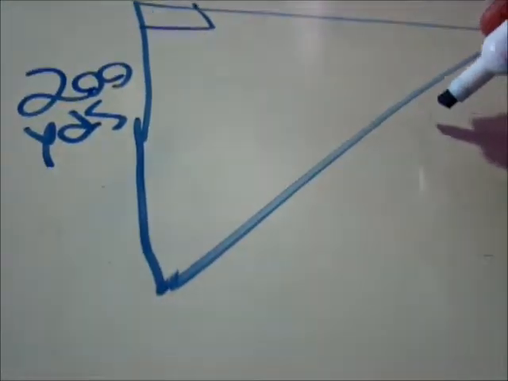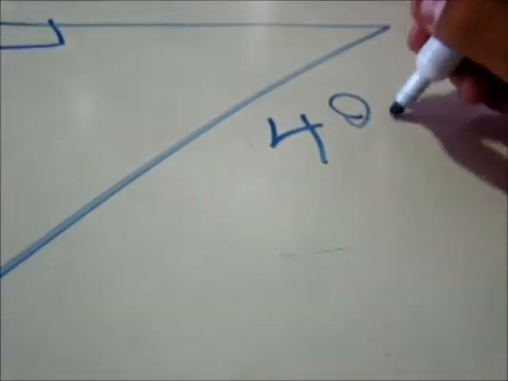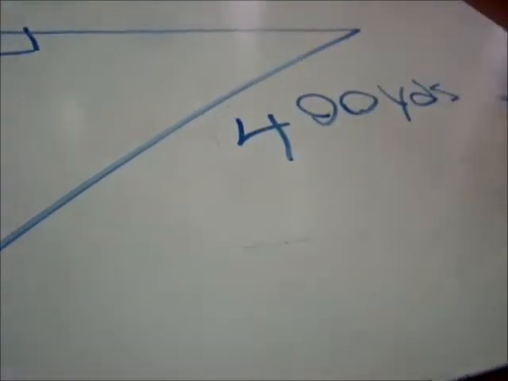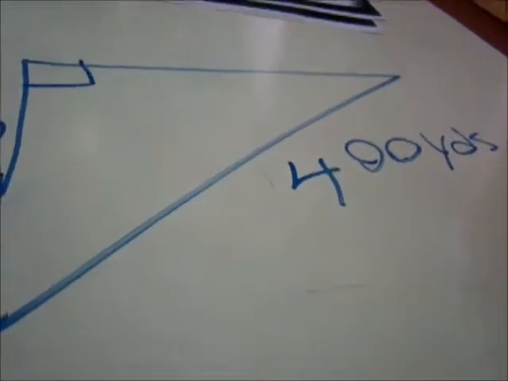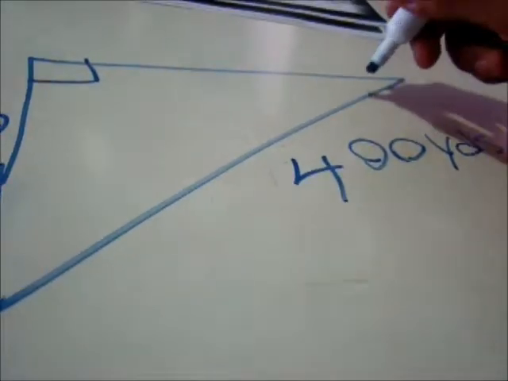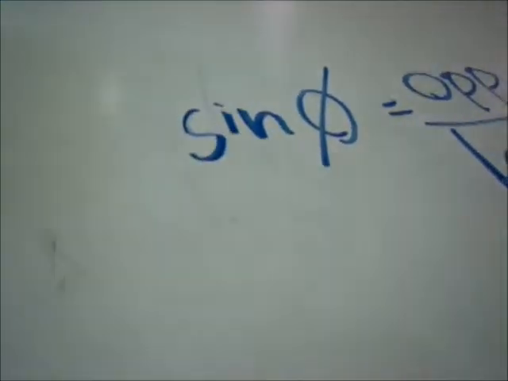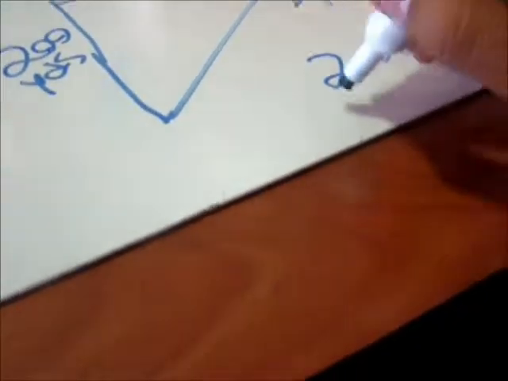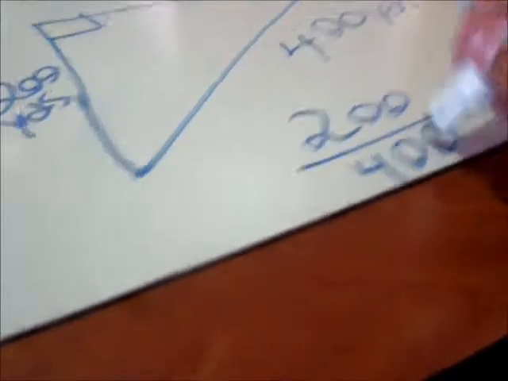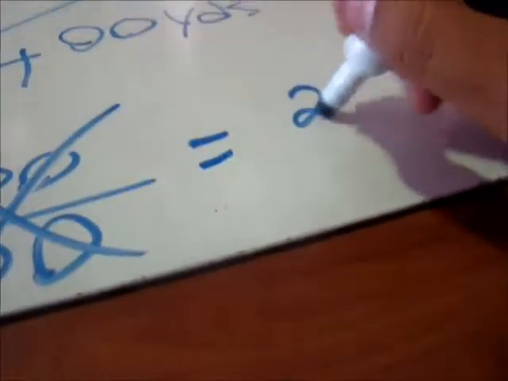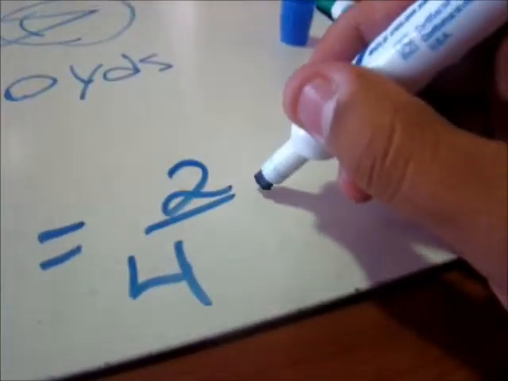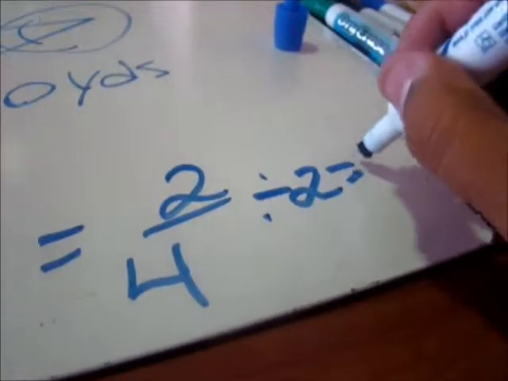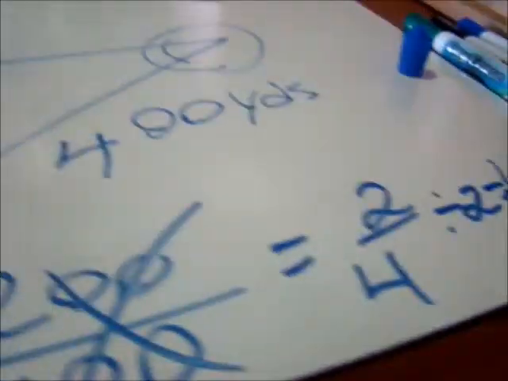And the hypotenuse is 400 yards. In order to find that sine, you would have to put opposite over hypotenuse. So that would be 200 divided by 400. And really quickly, get rid of those zeros. Equals 2 over 4, divided by 2 equals 1/2. So that would be your answer.